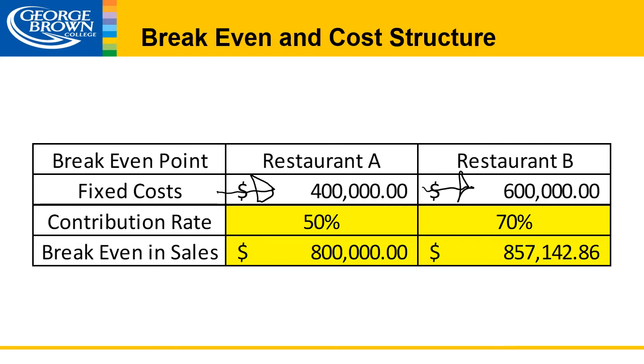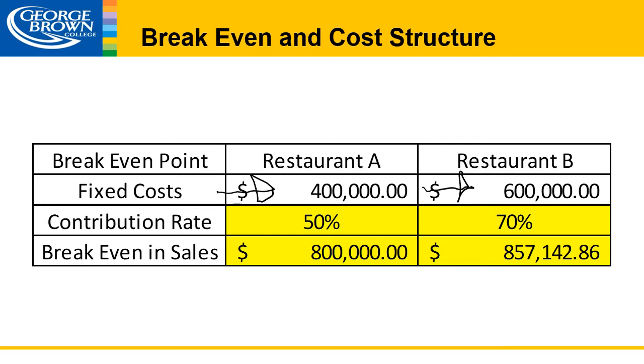If we calculate the contribution rate, restaurant B has a higher contribution rate because they have lower variable costs when compared to restaurant A, because restaurant A has higher variable costs and thus a smaller contribution rate.